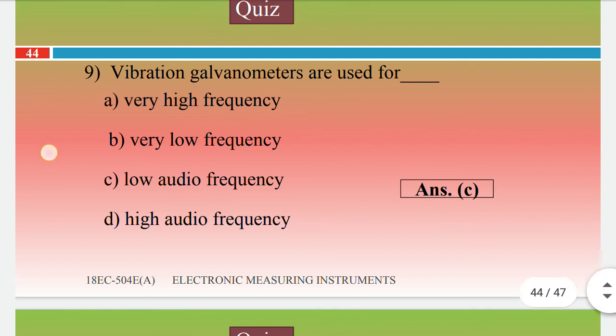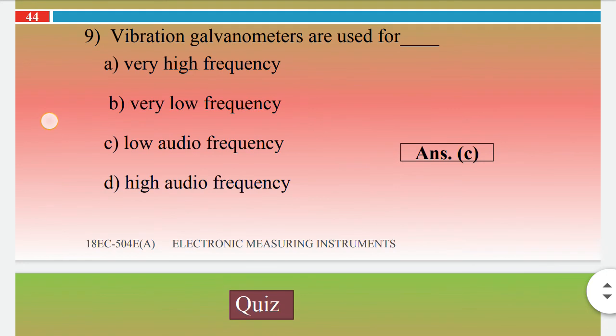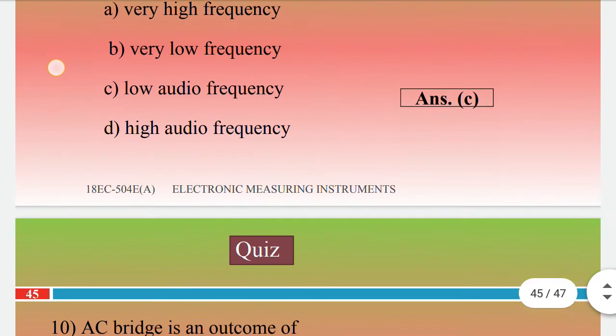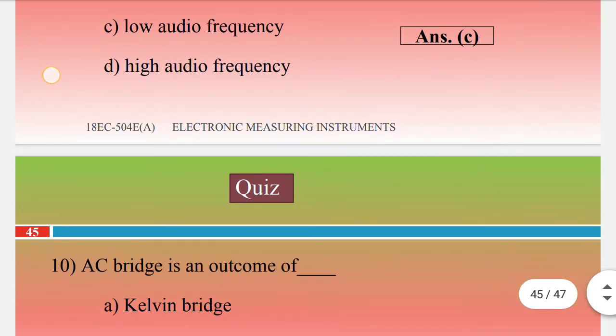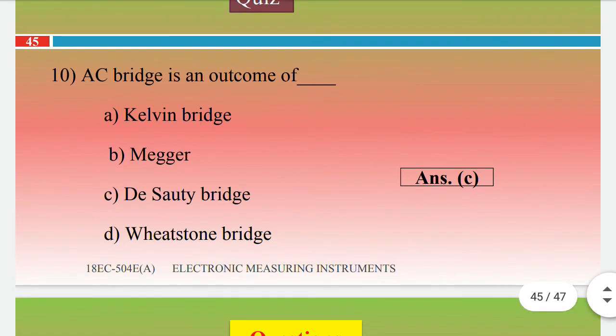Hence the answer is C. Vibration galvanometers are used for low audio frequency range, preferably below 200 Hz. Keep in mind.